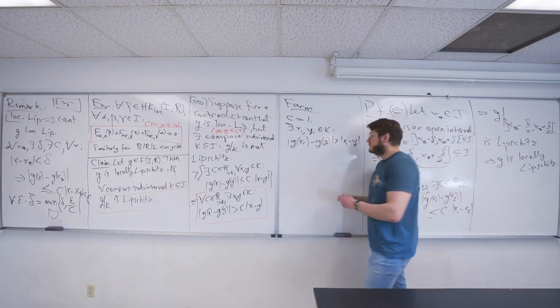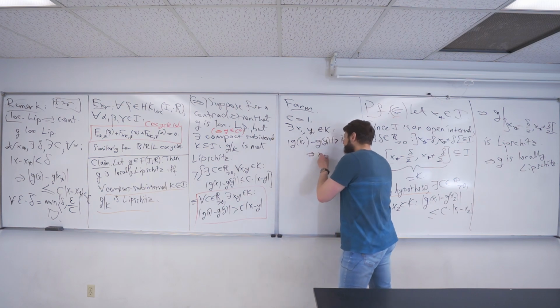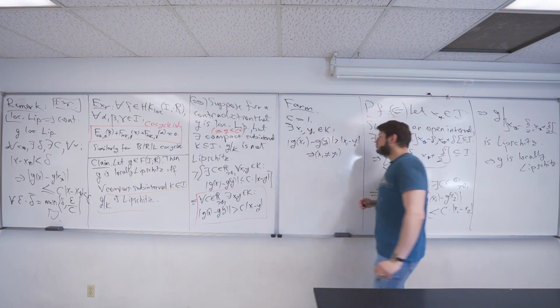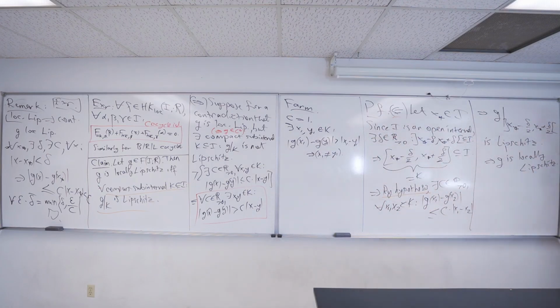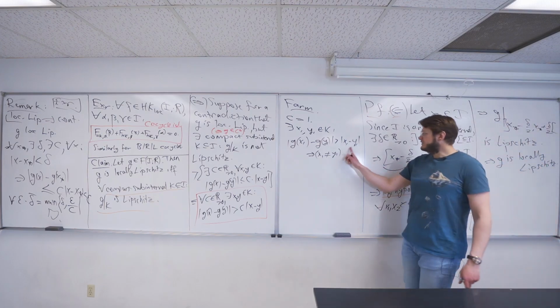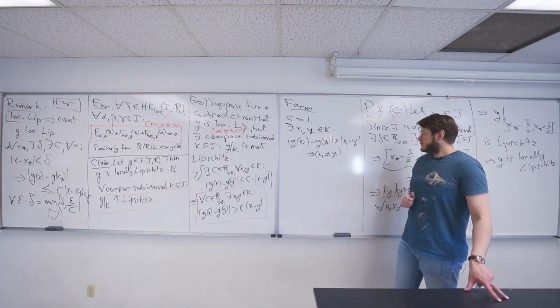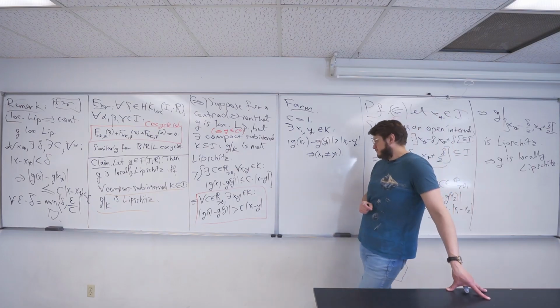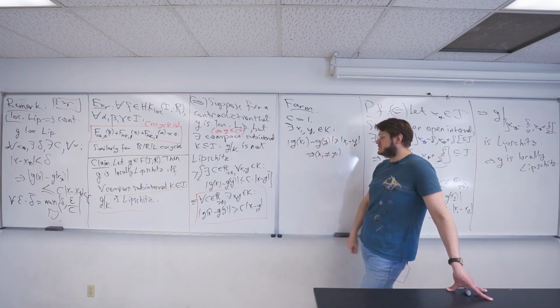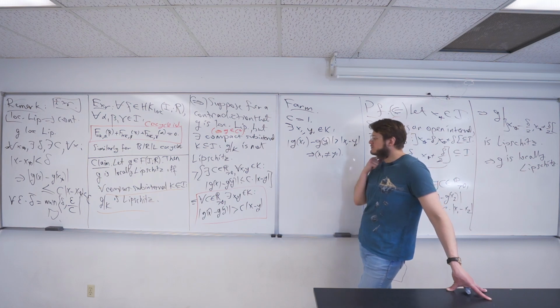Therefore, this implies that x1 is not the same point as y1. Consequently, this is a positive number. For my next choice of C, I want to engineer that second choice in such a way that this gap is even larger.